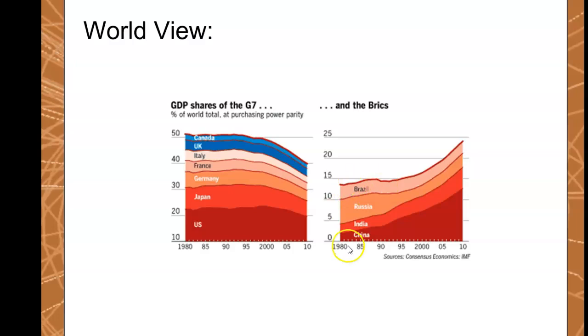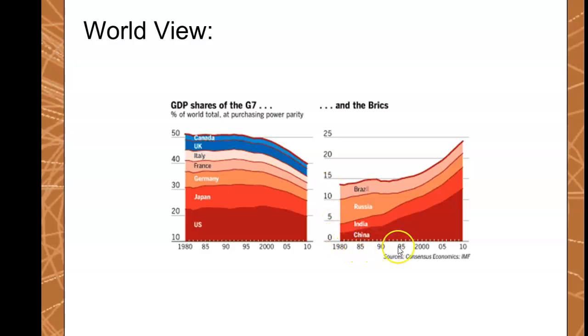And you can see those countries sometimes referred to as BRICS, BRIC countries. The BRICS are Brazil, Russia, India, and China. And you could see in 1980, these four countries, even though they represent a lot of people, represented only about 13% of global GDP.